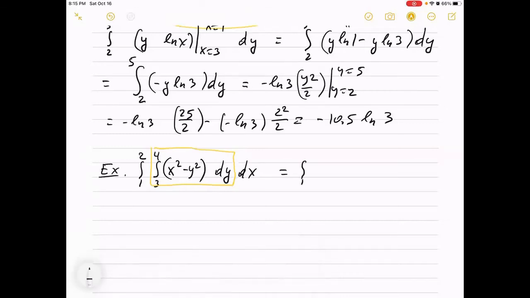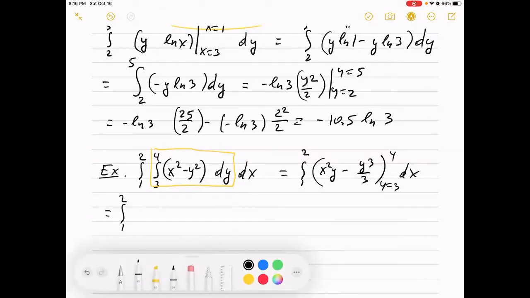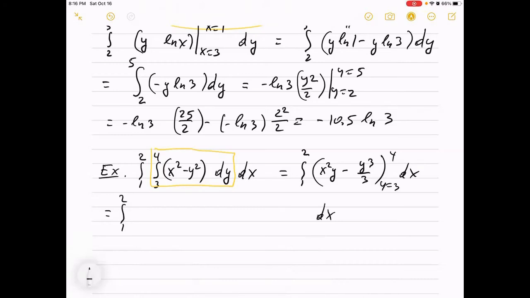We keep our outer integral 1 to 2 dx, and inside we integrate with respect to y. We treat x as a constant, so we're going to get x squared y minus y cubed over 3, where y is changing from 3 to 4.